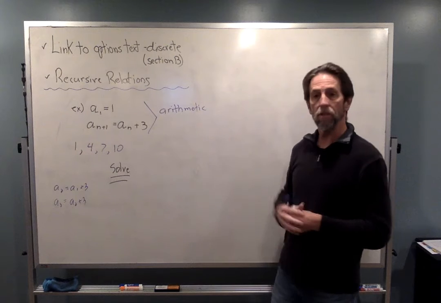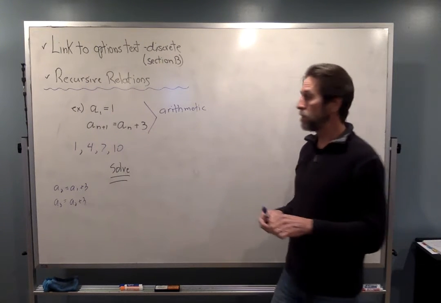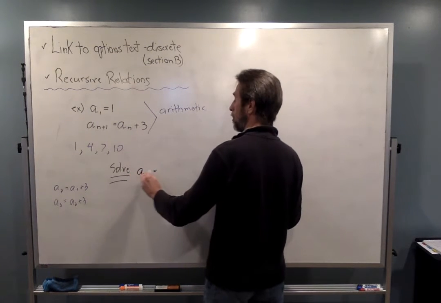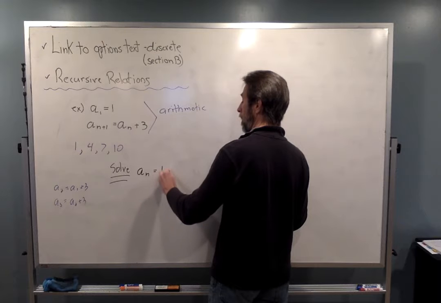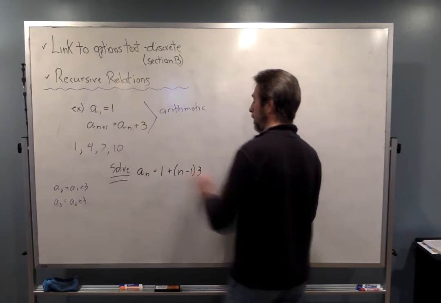And luckily, because this is arithmetic and we notice it, we know there's a very specific formula for that. The nth term is simply going to be the first term, which happens to be 1, plus n minus 1 of the common difference, which happens to be 3.